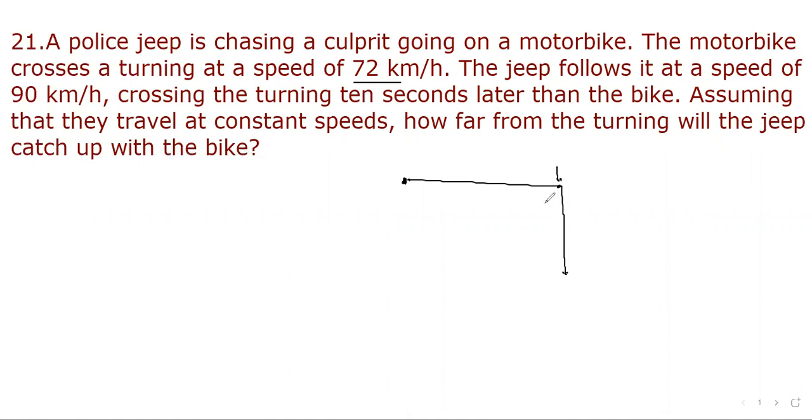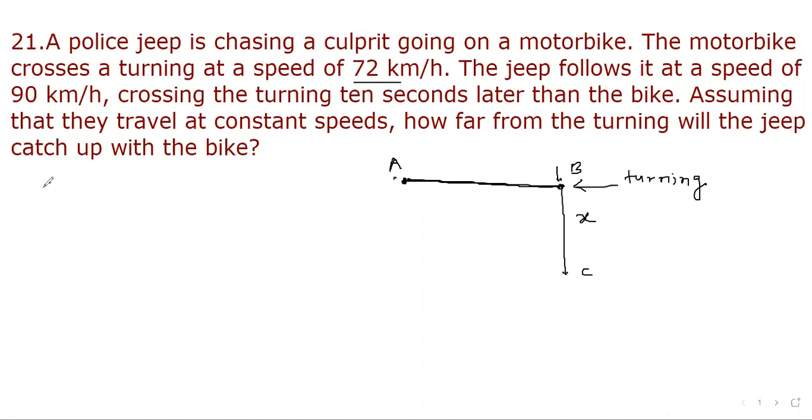So suppose this point is A, this point is B, this point is C, this distance is x, this is the turning. So for the jeep, this distance takes 10 seconds.